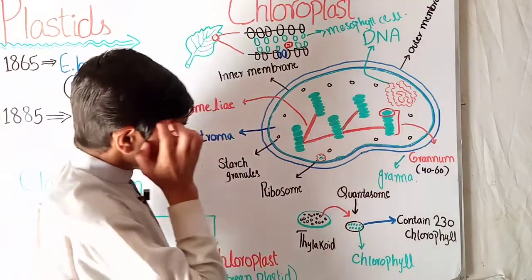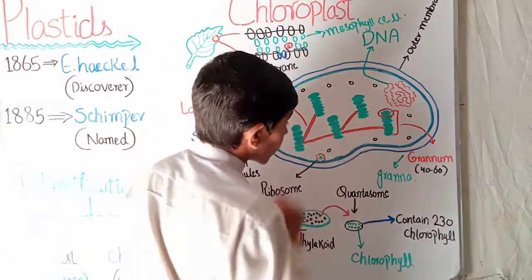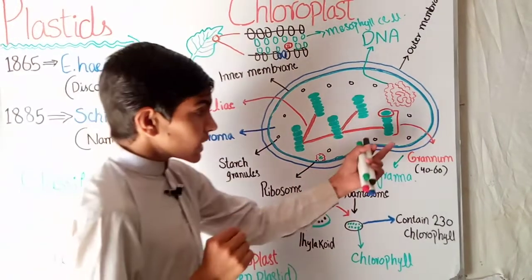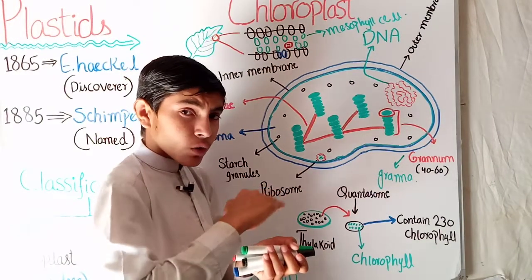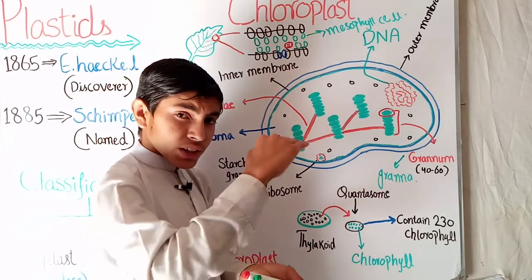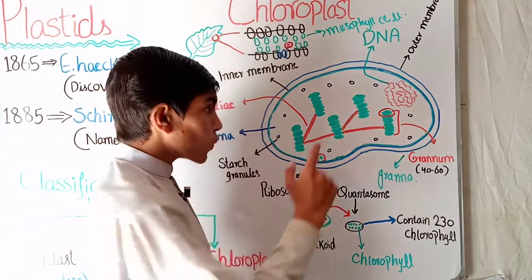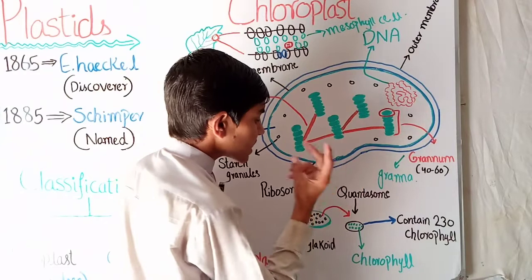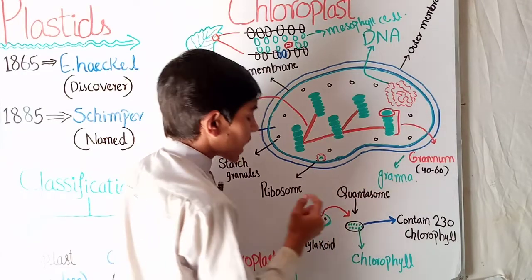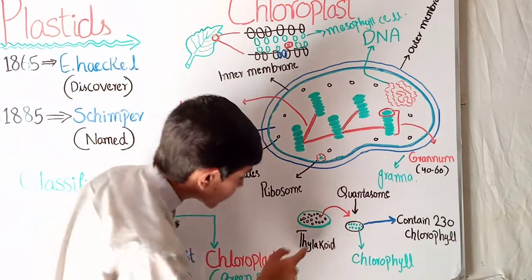Now we'll come to the structure of one thylakoid. The granum is a pile of thylakoids combined together in a stack-like structure. What is present inside a thylakoid? I have zoomed in on one thylakoid.